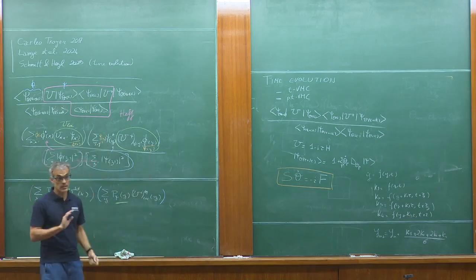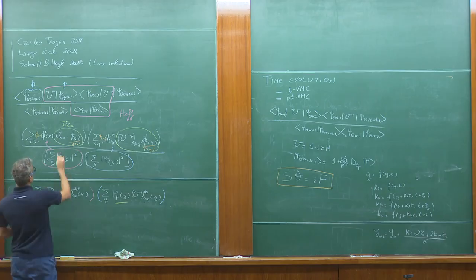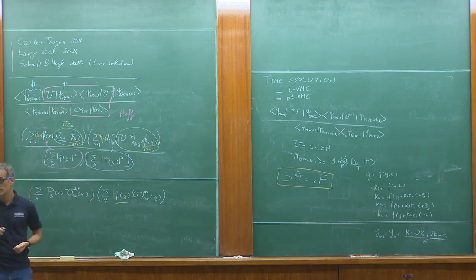So that is not a problem. We would have had this problem also yesterday, but we didn't mention it. The problem is this thing here. It's no longer sparse. It's generally dense.